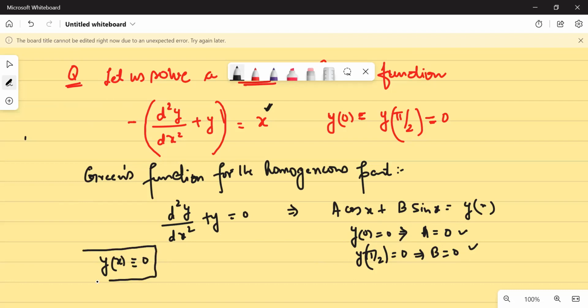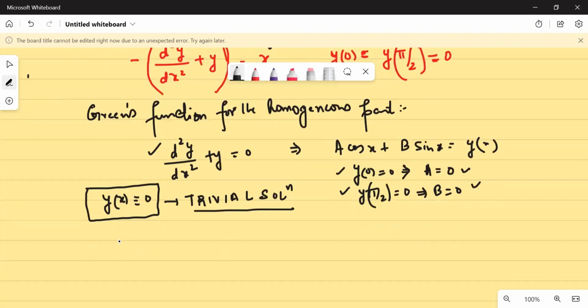Yesterday we were discussing that if the differential equation, when solved together with the supplied boundary conditions, forms a trivial solution, then for such a boundary value problem there is a sure existence of Green's function.